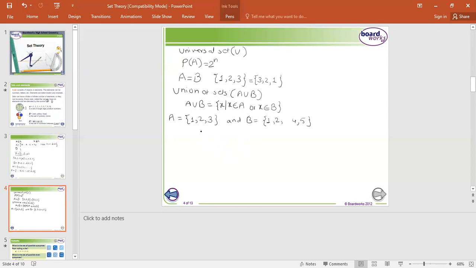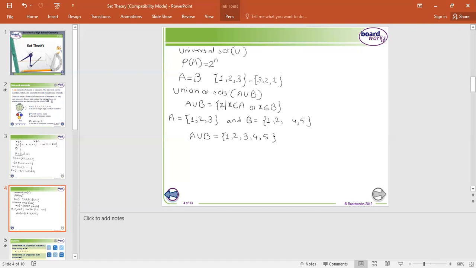So A union B will be 1, 2, 3, 4, and 5. Set A contains 1, 2, 3. B contains 1, 2, 4, 5.